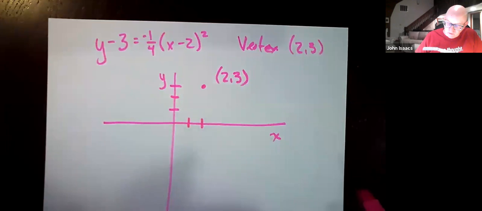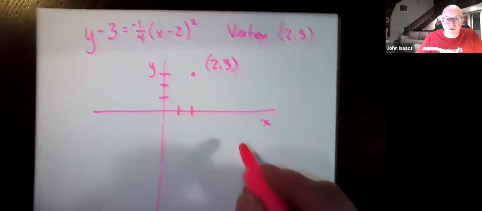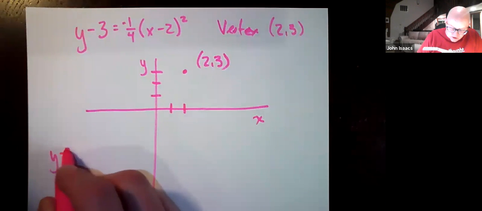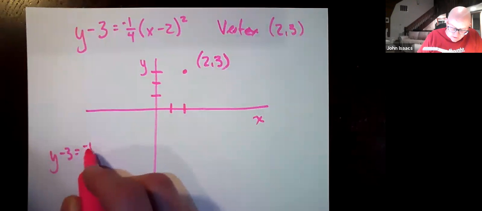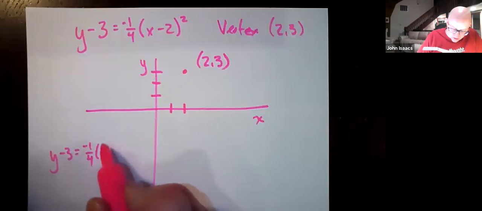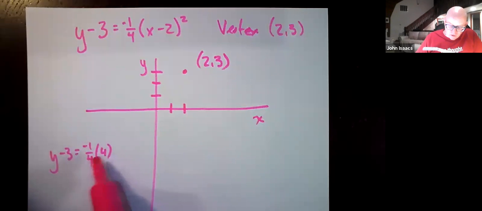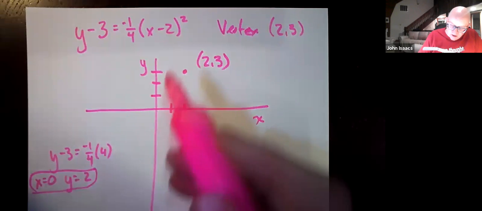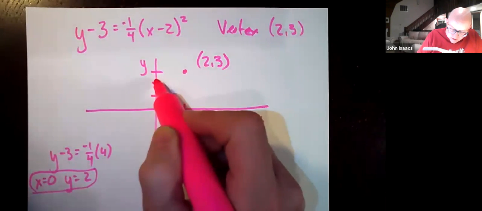So we wind up with, I'm going to do a little scratch work down here, y minus 3 equals negative 1/4 times (negative 2) squared, which is 4. So negative 1/4 of 4 is negative 1, and we have to add 3 to that, so y equals 2. So that means when x equals 0, y equals 2.